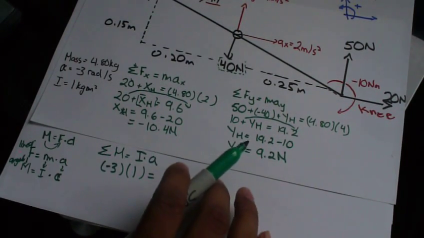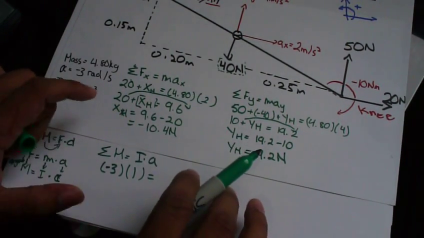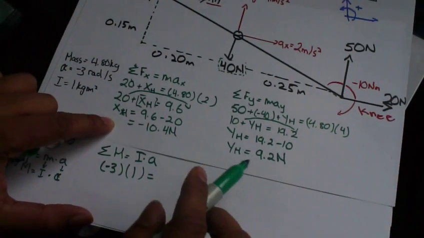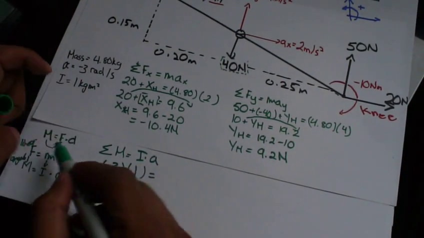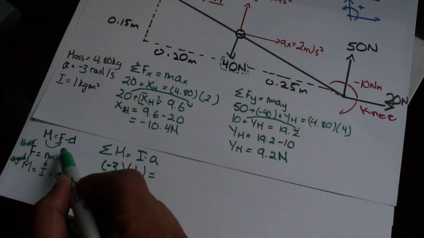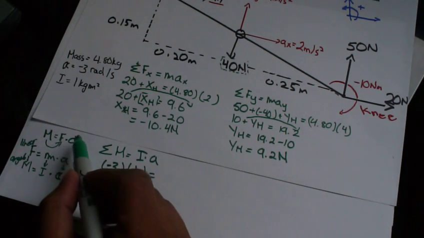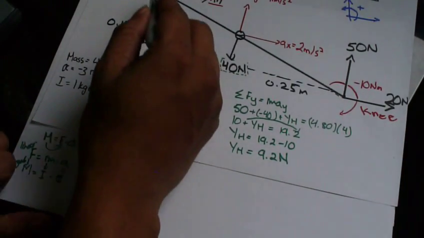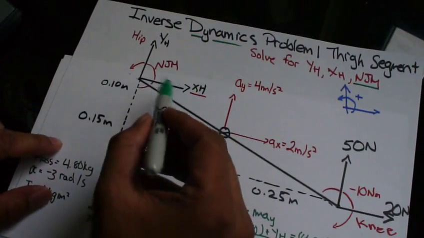Extremely important that you pay attention to this part. Understand that the moment is equal to the perpendicular distance multiplied by the force. This is the point at which the segment is rotating on.